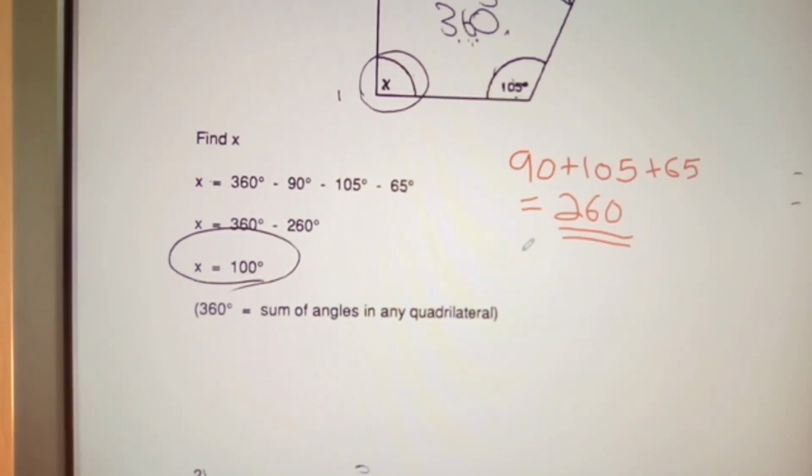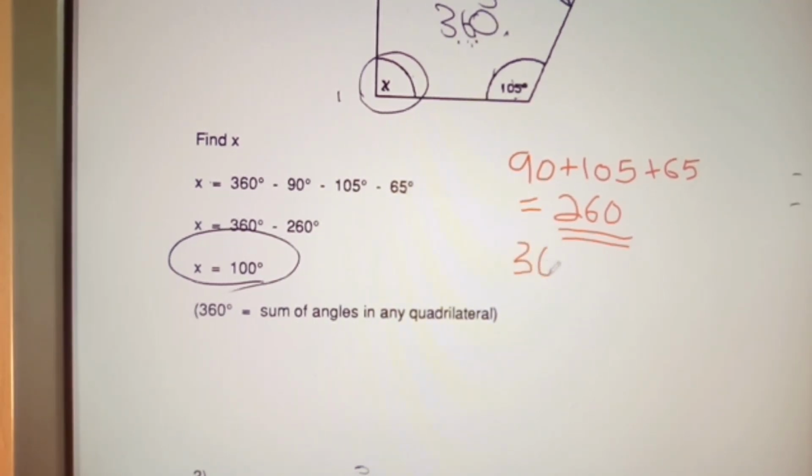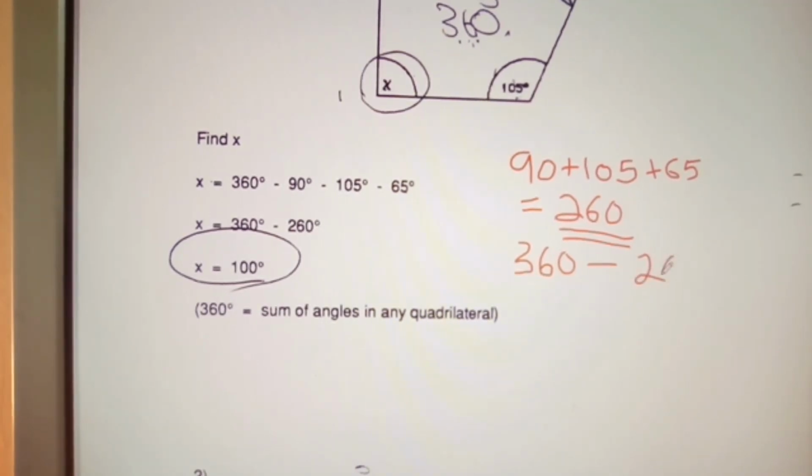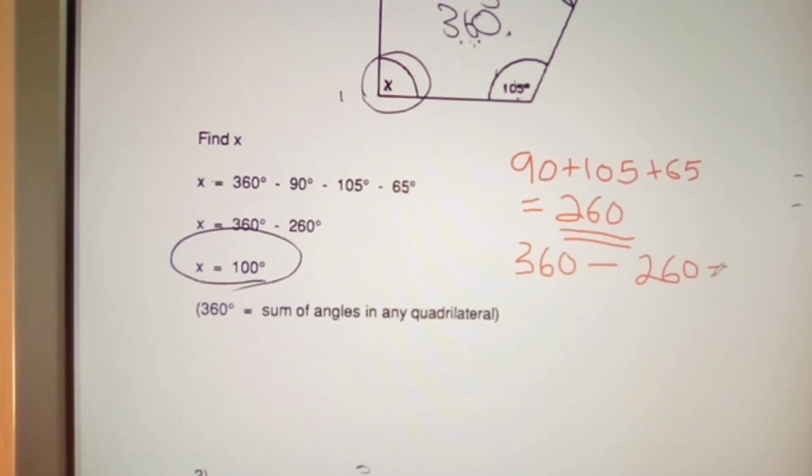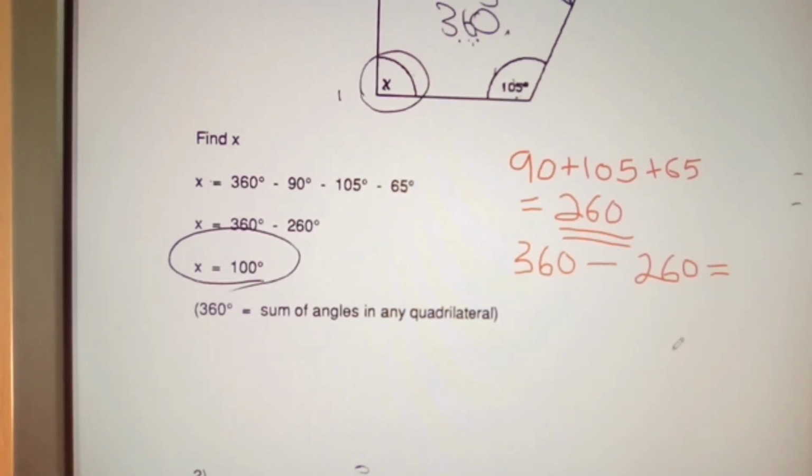Okay, so here I'm going to look at 360 minus 260 equals 100 degrees.